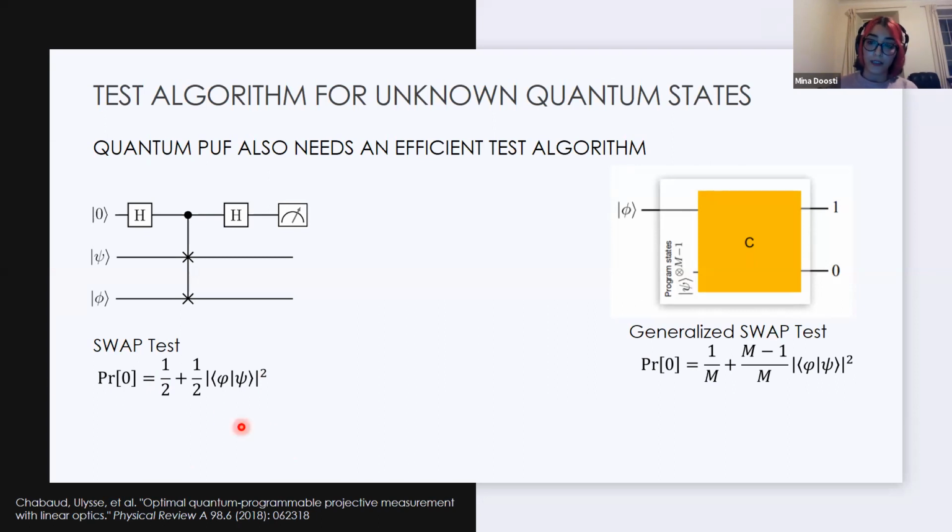And there's a generalization of the swap test, which we extensively use throughout our work, and we call it the generalized swap test or G-swap test. It works when you have one copy of one of the states and multiple copies of the other state, and you can check the equality with a better probability. So these are the tools that we use for the testing part for quantum PUFs.